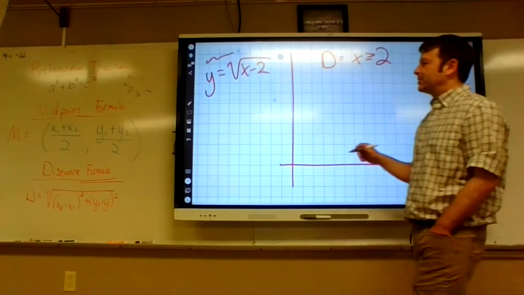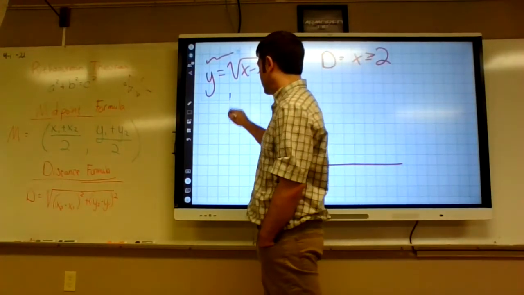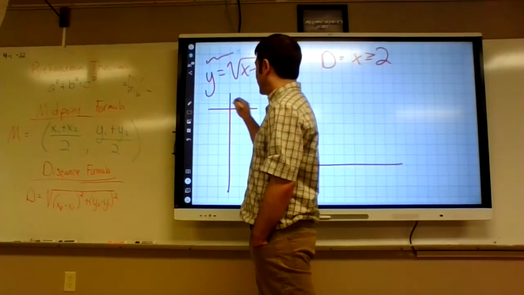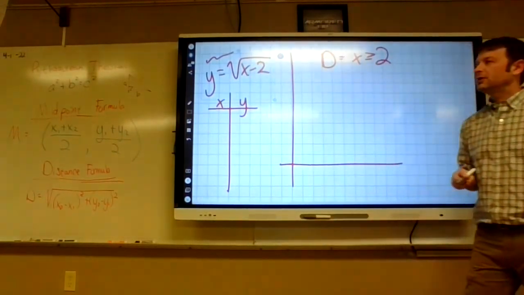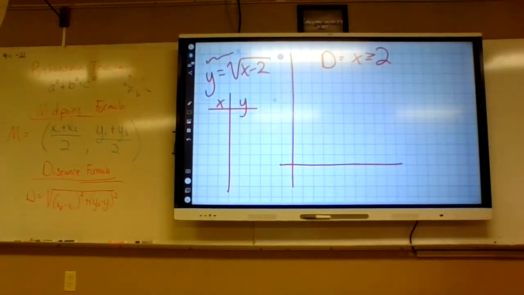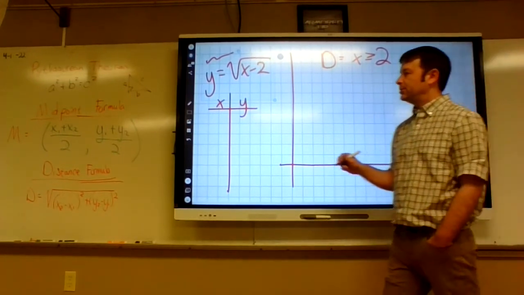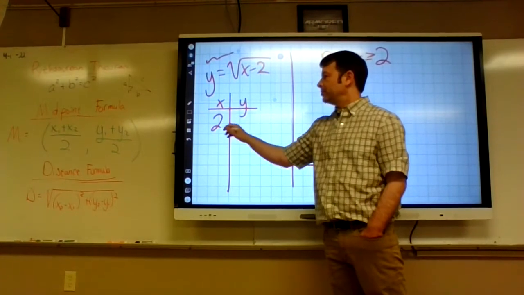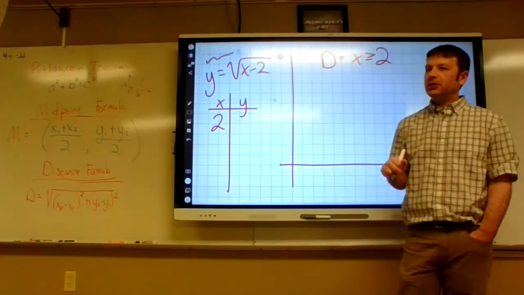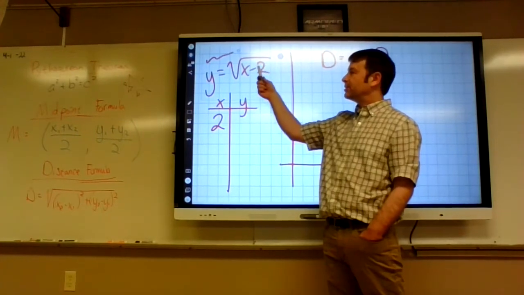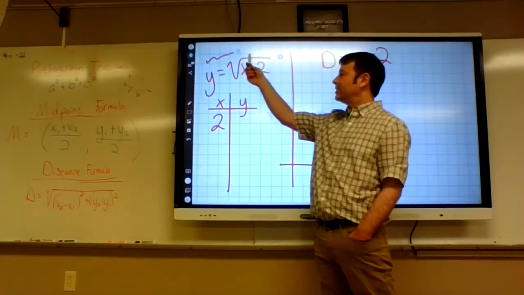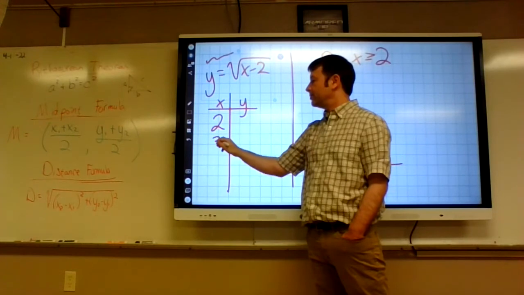That kind of helps us also because, remember, we have to figure out some x values to plug in. So what's the first x value I should probably plug in? 2. What would be another good x value to plug in? 3. Because 3 minus 2 is 1, and 1 has a nice square root, so 3 works nicely.